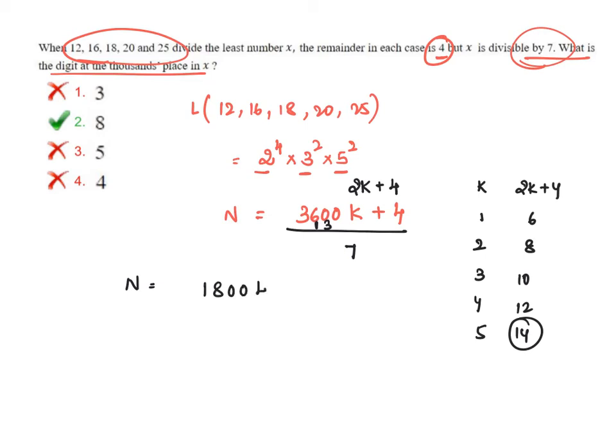That is 18,004. This 18,004 is perfectly divisible by 7, and also when divided by 12, 16, 18, 20, 25 leaves remainder 4. And he is asking you the digit in the thousands place. Digit in the thousands place is 8. So the answer is 8 here.